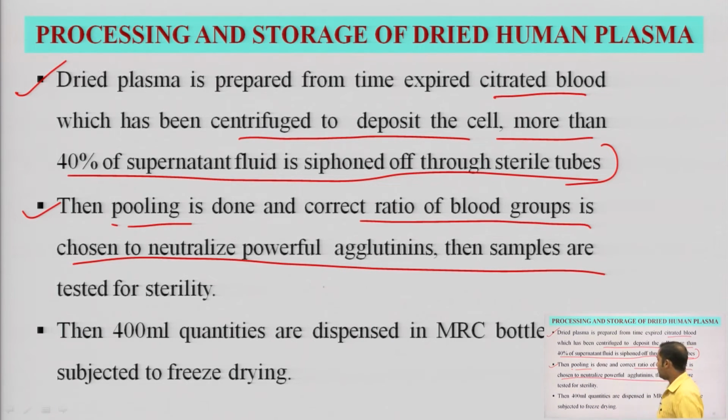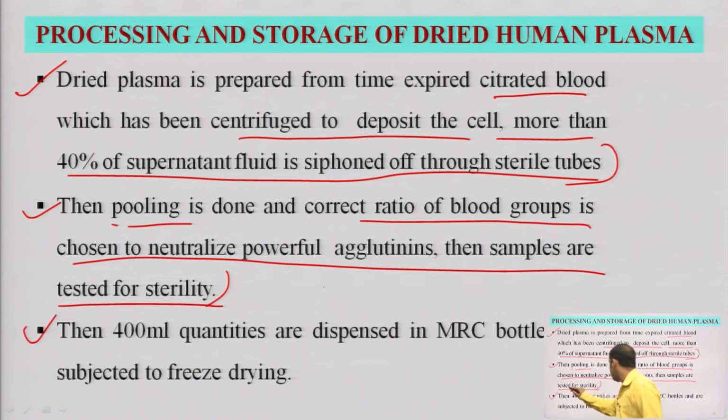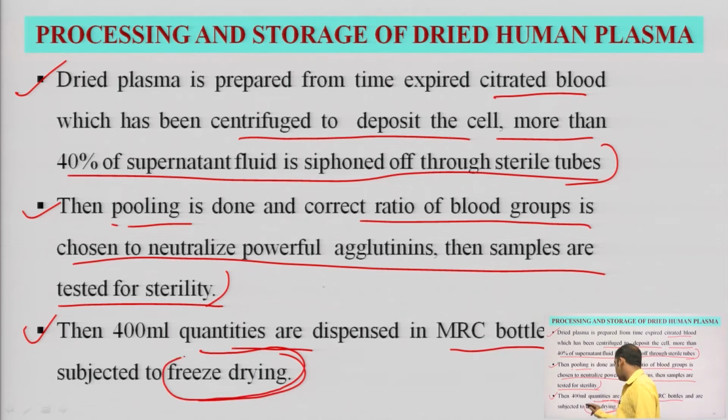Then testing for sterility is to be done. Then 400 ml is dispensed into MRC bottles and subjected to freeze drying. Follow this word, freeze drying.